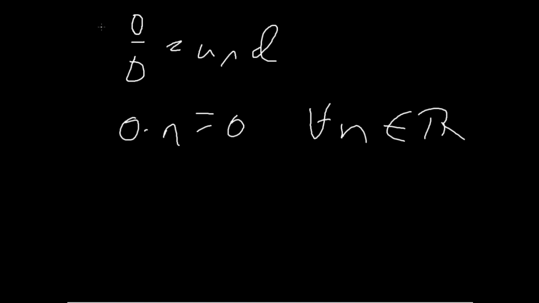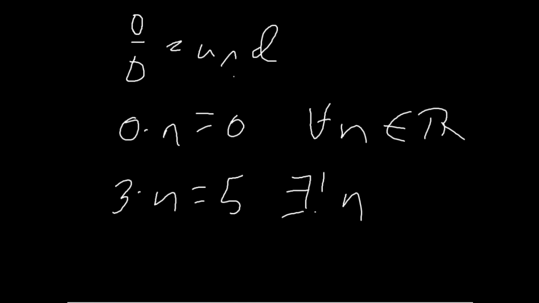Right? For any other combination, there's only one answer or 0 answers, right? So if we have 3 times n equals 5, there exists a unique n that satisfies this. This is trivial, but we know this, right?